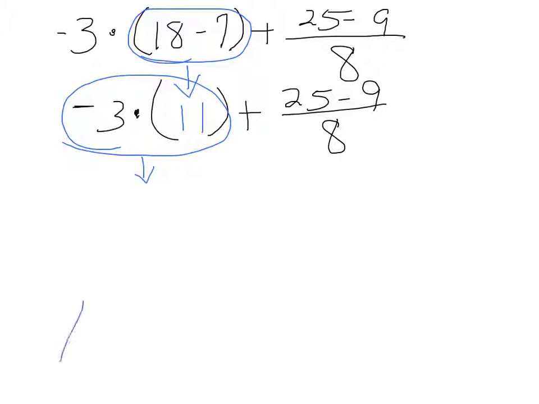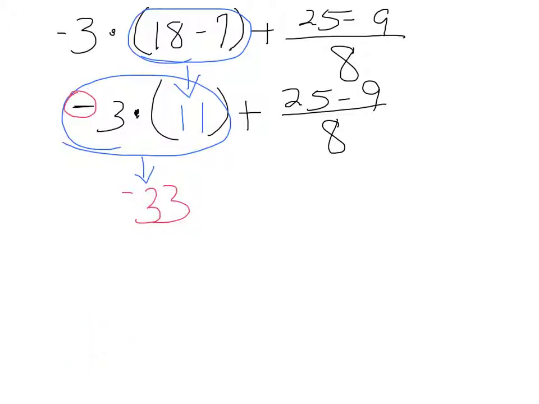So think about the triangle. You have your positive and your negative and your negative. The problem involved negative 3, so get rid of my negative, and a positive 11, so get rid of my positive. That leaves a negative answer. So that should be negative 33. Okay? Clear that off the board.